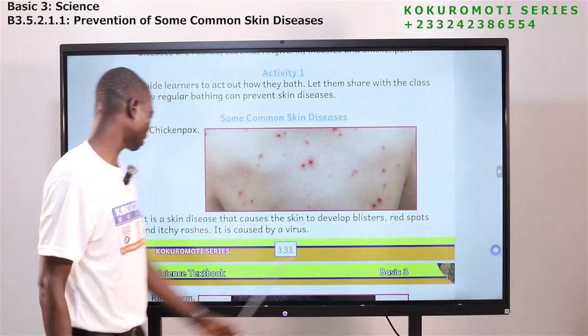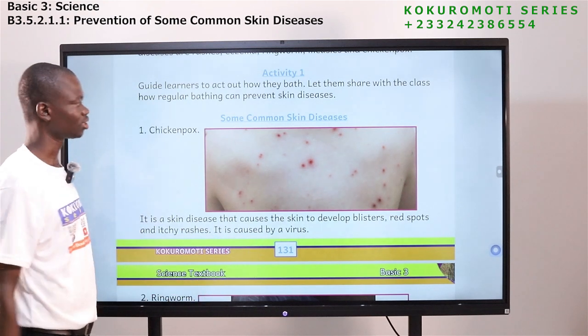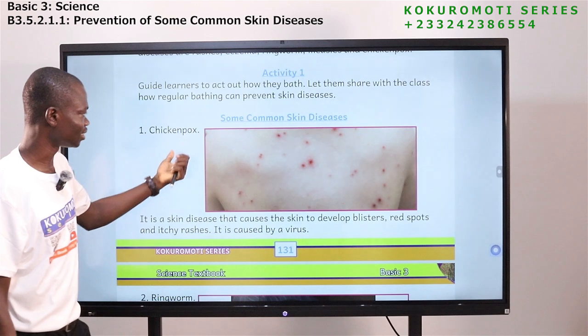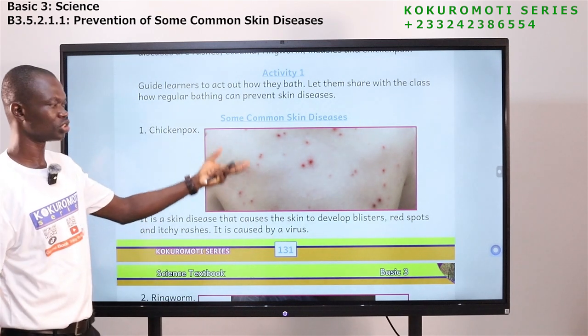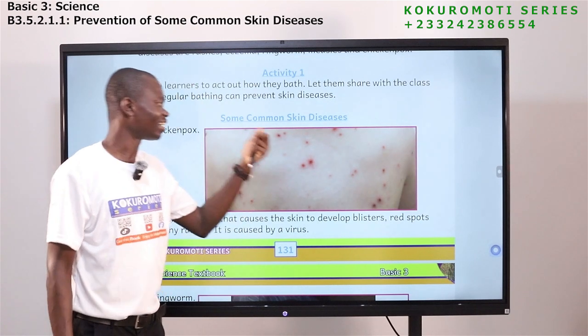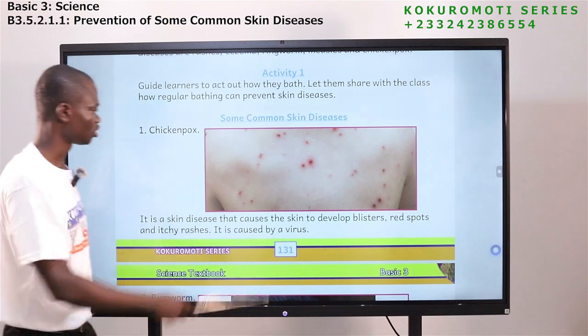Blisters, red spots, and itchy rashes. It is caused by a virus. So chickenpox is a skin disease, and it is caused by a virus. This is what you see to know that indeed it is a skin disease that you are suffering from. Okay, so that is that.